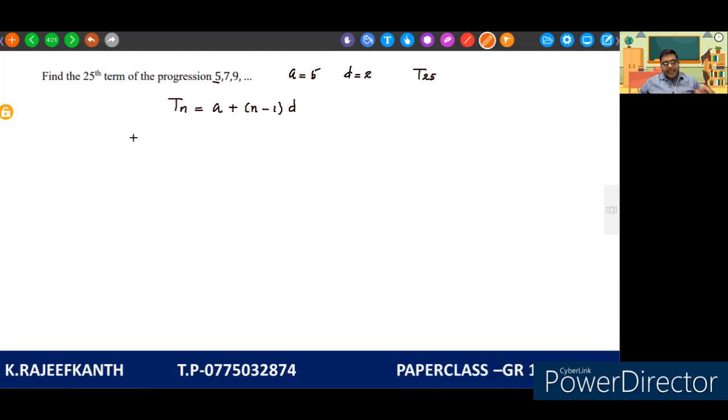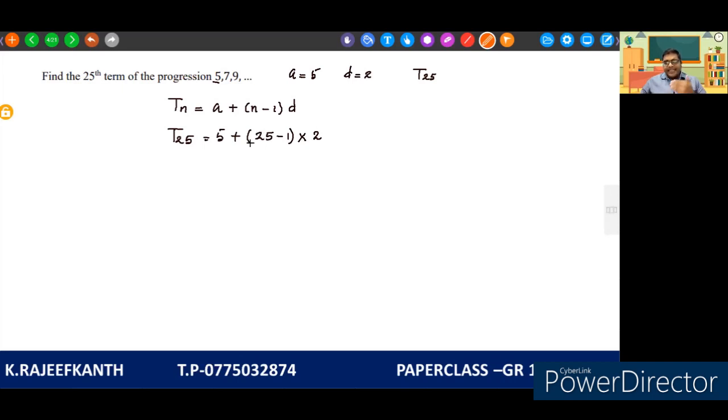Right? If we want to find the nth term of an arithmetic progression, then we can use this formula. Tn is equal to a plus n minus 1 into d. Then here n is equal to 25 because we have to find the 25th term. So T25 is equal to, here a is the first term, 5, plus 25 minus 1 times, here the common difference is 2.